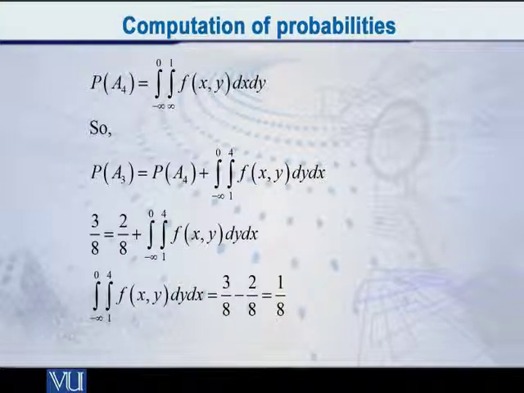We have utilized 3 pieces of information that we had available with us, but we have not yet looked at the 4th piece of information. What is that one? That is the probability of A4.